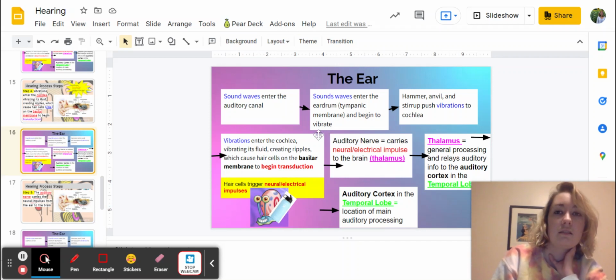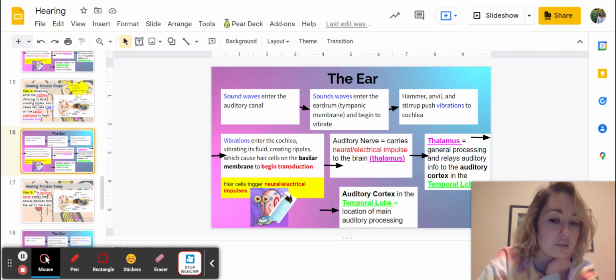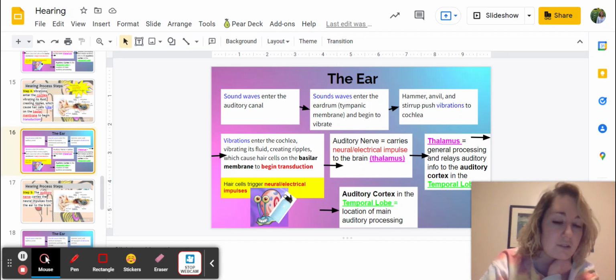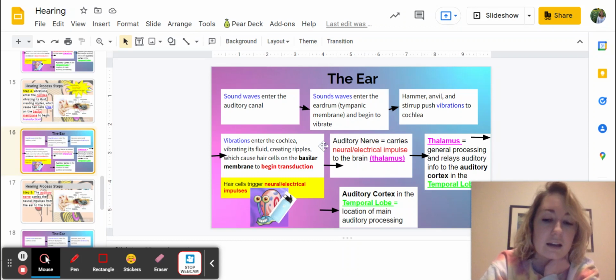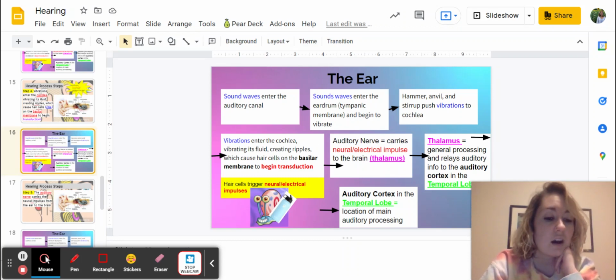After that, it's going to go through the auditory nerve, which is the little exit door of the ear, and go up to the thalamus. Same thing as the optic nerve. The auditory nerve is the exit or connector between the ear and the brain, going up to the thalamus to be processed. From here, you guys know the rest, right?